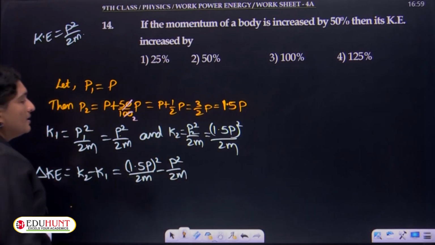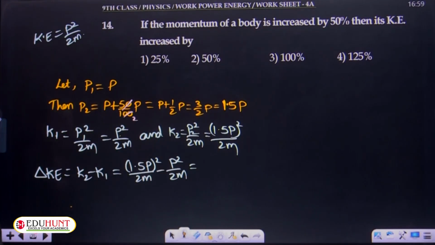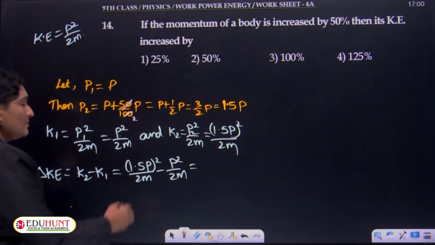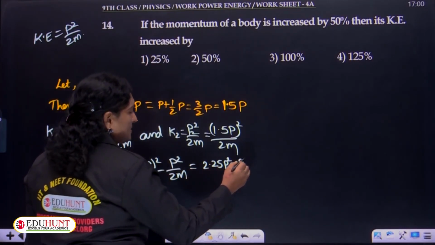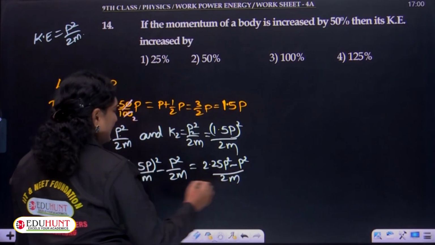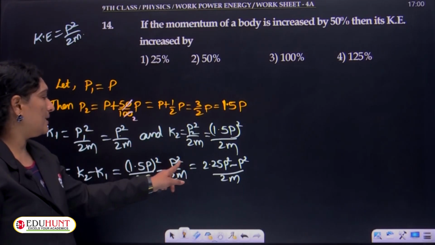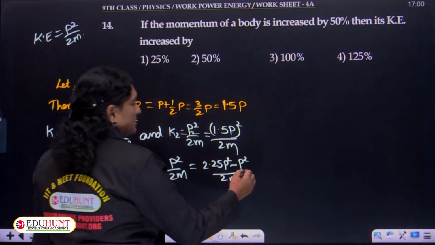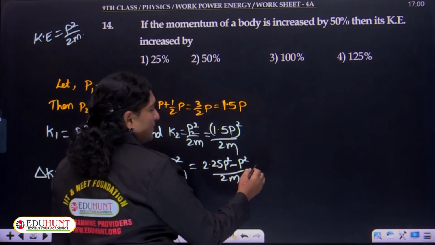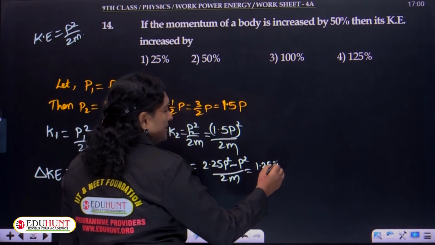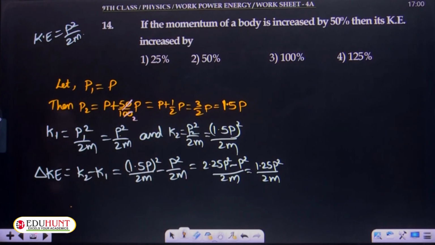So this is equal to 1.5 square, how much, children? 2.25. 1.5 square is 2.25 P square minus P square upon 2M. LCM is 2M. P square is taken common. 2.25 minus 1 is 1.25 P square upon 2M. So change in kinetic energy is 1.25 P square upon 2M.